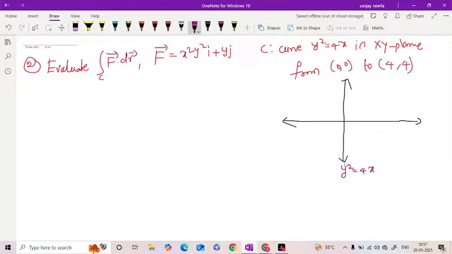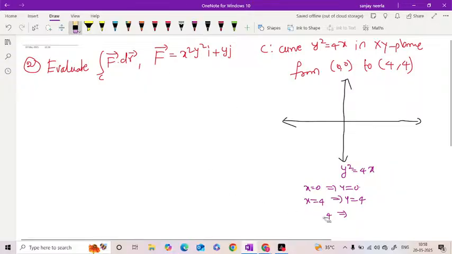If x value is 0, then y value is 0, that is okay. Next, if x value is 4, y value is plus or minus 4.